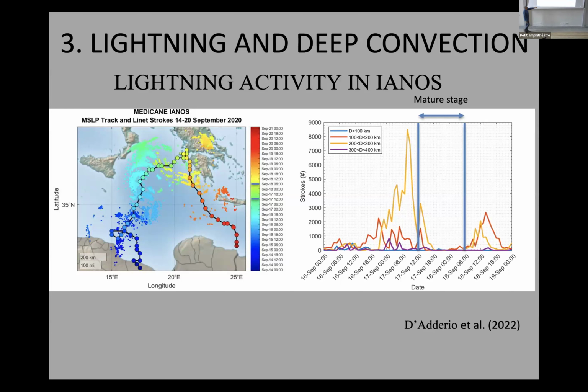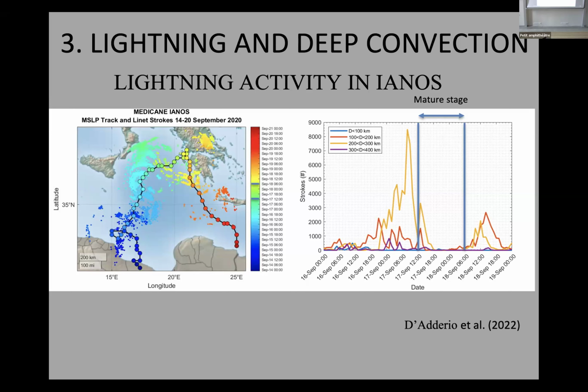And in general, what emerges is always something like that, that in the mature stage, when the cyclone shows tropical characteristics, there is a strong reduction in the number of lightning strokes. The lightning activity seems to be reduced in all cases reported so far.